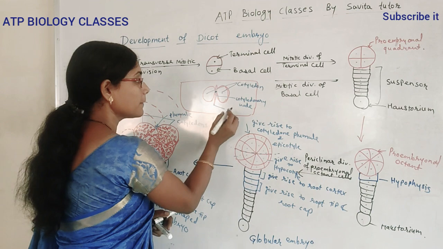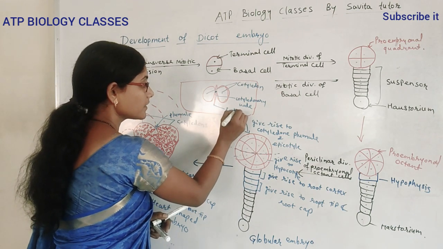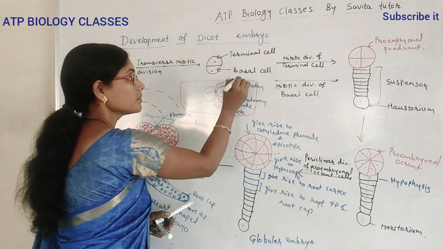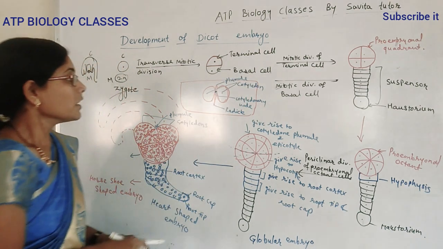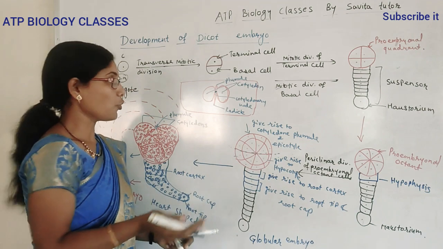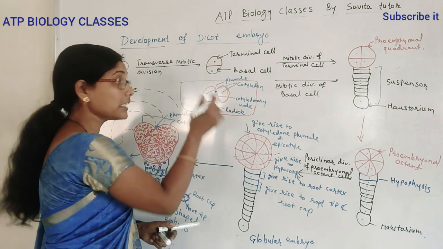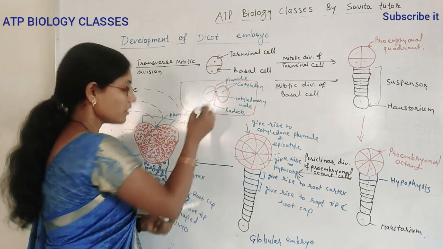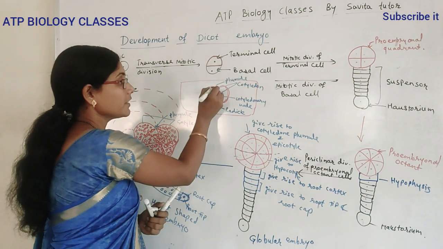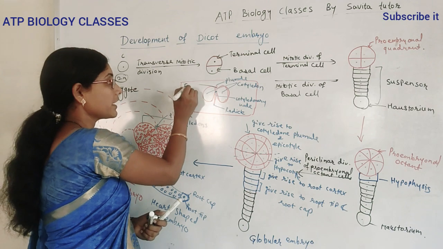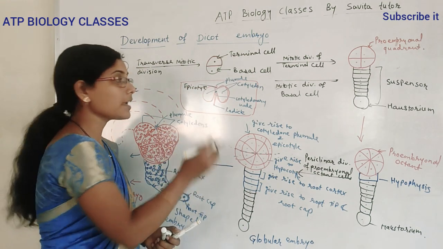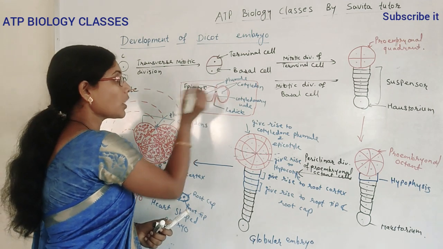This part is the radicle part. This is the plumule part, right? And epicotyle and hypocotyle. Epicotyle is the part above this cotyledonary node. This is a cotyledonary node now. So above this cotyledonary node there is an epicotyle. And hypocotyle is the part below the cotyledonary node.